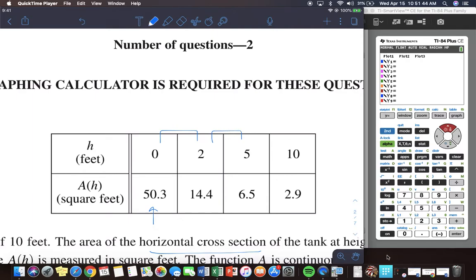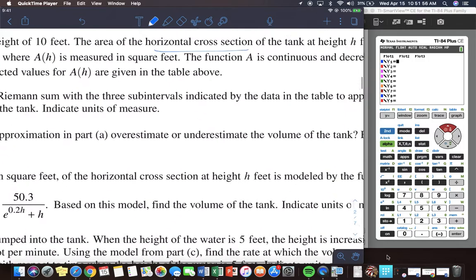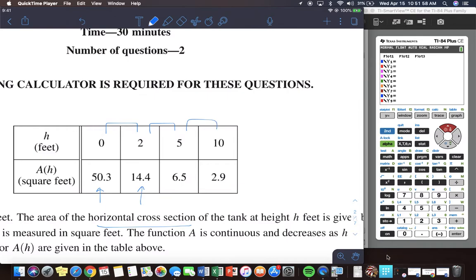The next one has a width of 3, and I would use the 14.4. So plus 3 times 14.4, plus, and I think there's just one more, between 5 and 10, the width would be 5, and then a height of 6.5.